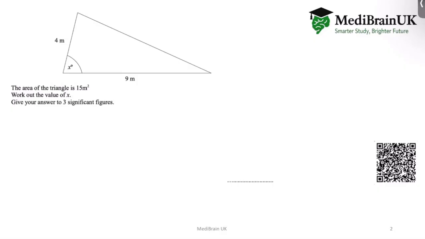Now, remember, the formula to work out the area of a triangle is half AB sine C. So this is the formula that you need to learn to work out the area of a triangle. Now, remember, a right angle triangle, you have your normal formula. This is your base, this is your height.